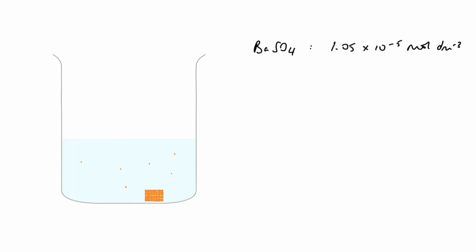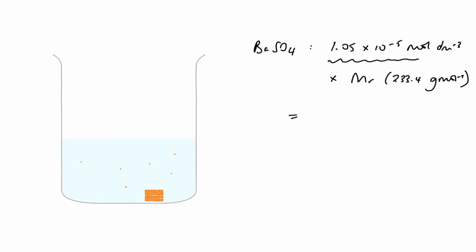Well, it means that if I weigh out 1.05 times 10 to the minus 5 moles, well, we don't work in moles, we work in grams. So I can multiply that by the molar mass, and the molar mass of barium sulfate is 233.4 grams per mole.